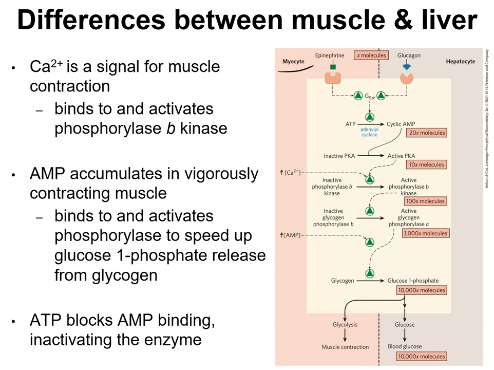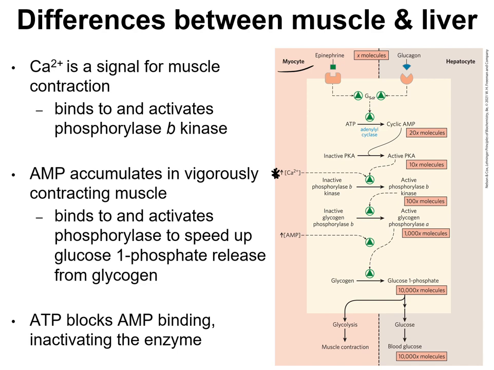It has a calmodulin domain to it, and it is activated by calcium. So an increase in calcium also occurs along with this signal, epinephrine, to activate this phosphorylase B kinase. So that's one difference. And again, we're talking about muscle.